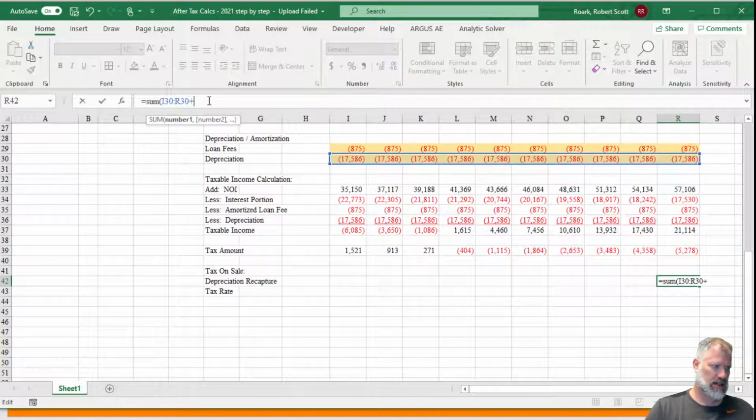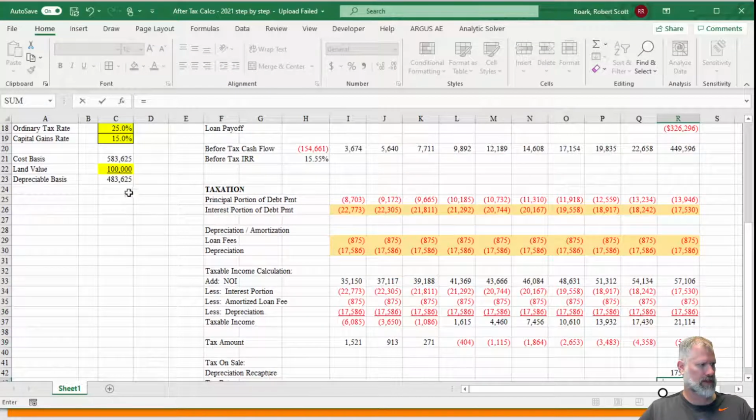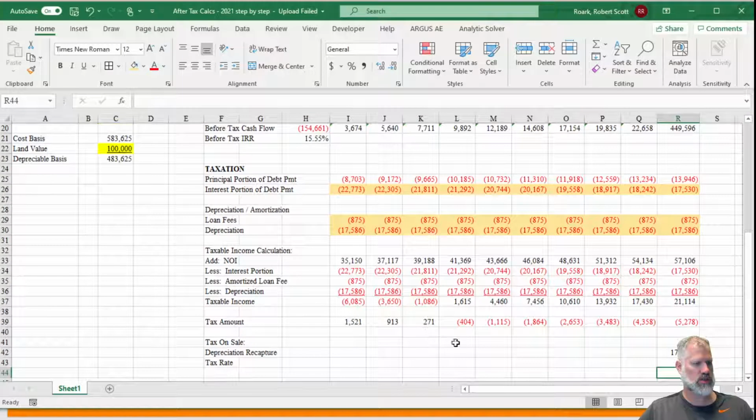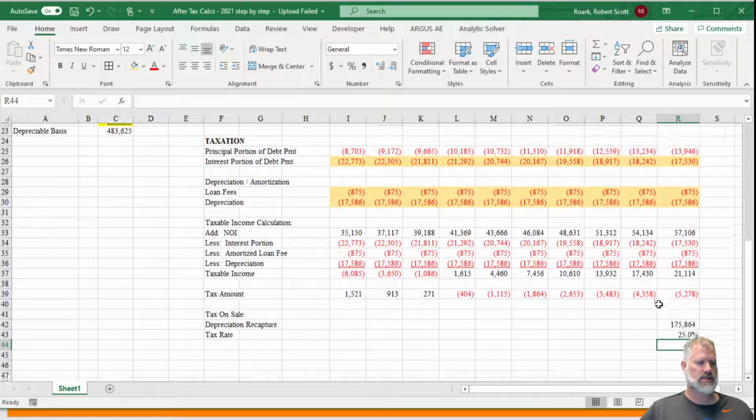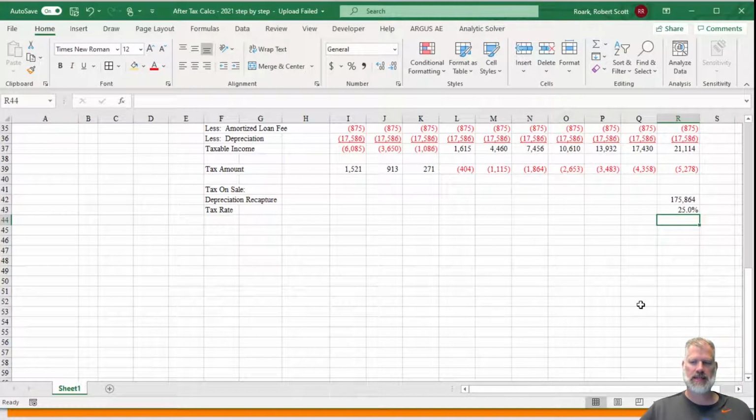And I need to put a negative in front of it because it's kind of like a reverse sign. We're recapturing all those negative cash flows. And our depreciation or recapture tax rate is 25%. And so there we have basically a little piece of the disposition tax situation.